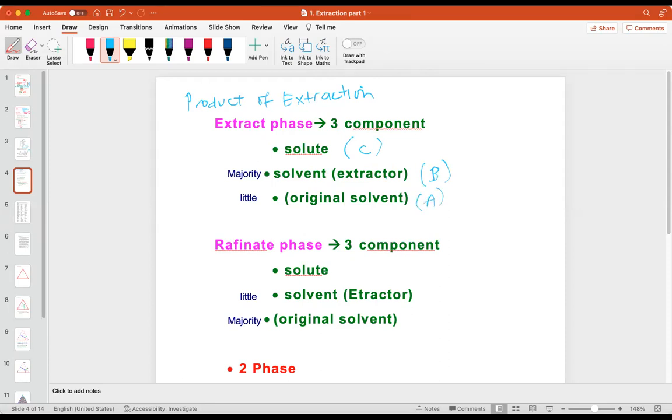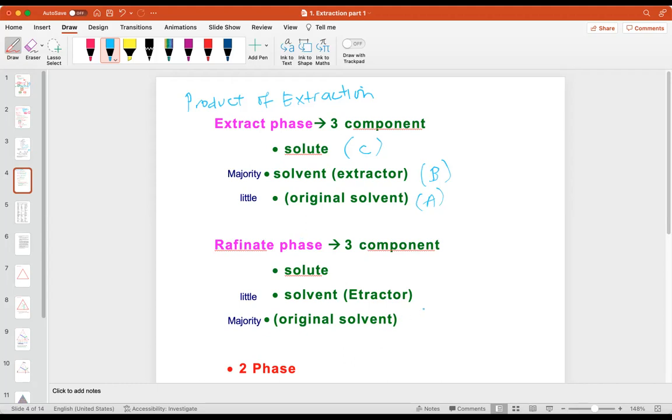Maybe some of it just ends up inside the extract phase. And the second one, the depleted solute, is the raffinate. So the raffinate contains the original solvent.